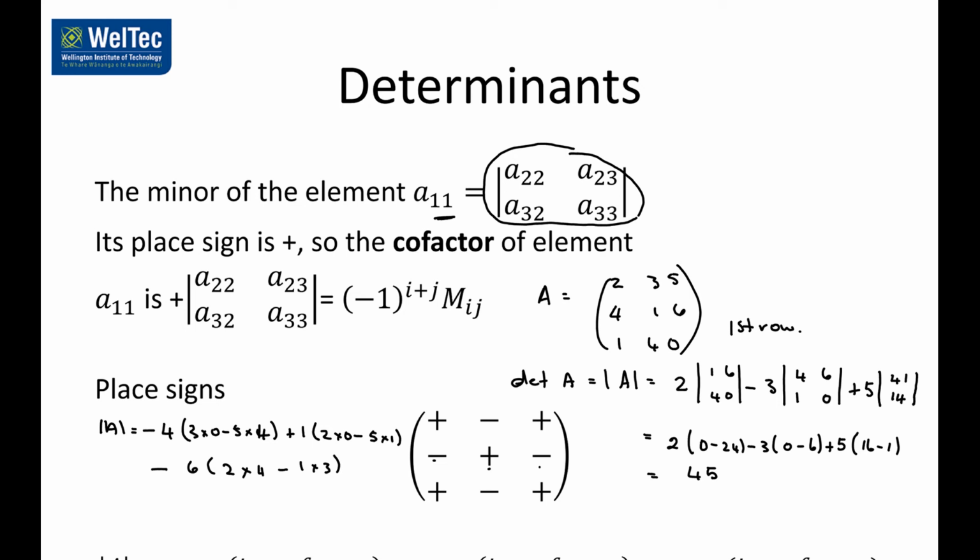And we should find the numbers the same. We should find that that's 80 minus 5 minus 6, which looks to me like 45.